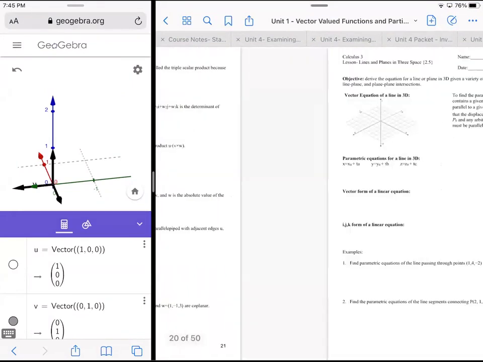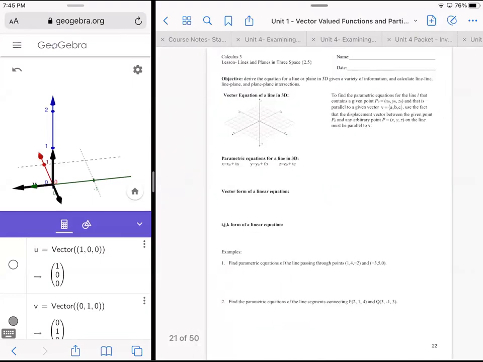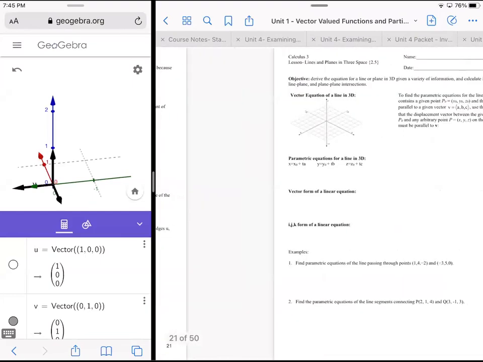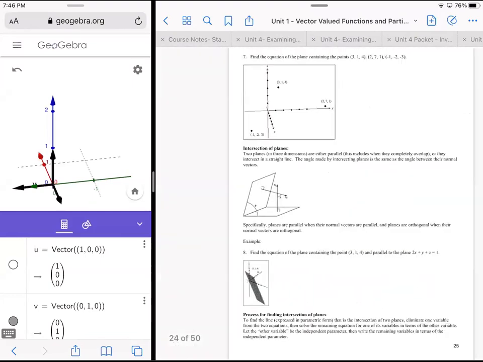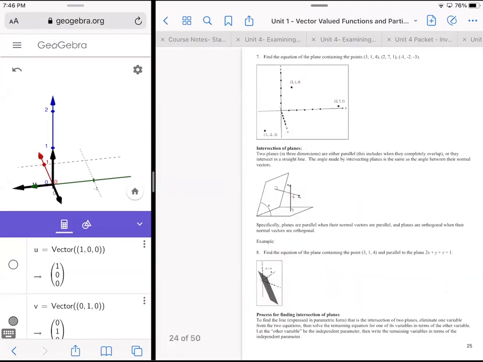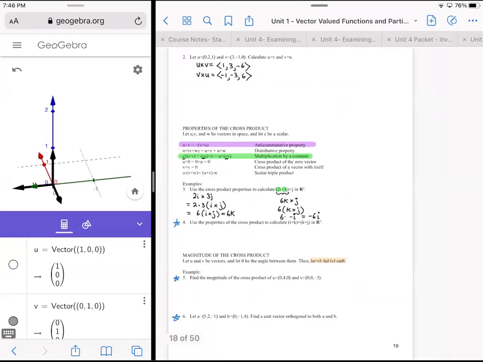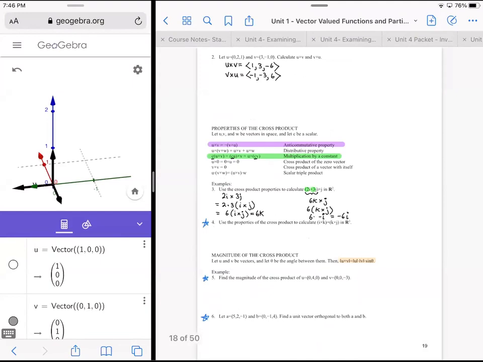You'll see here that after triple scalar product, we get into lines, planes, and then vector valued functions. You'll notice on Blackboard that I changed the title of the unit. It had originally had differentiation in there, specifically partial differentiation. I think I got a little overzealous, and so I dialed it back.